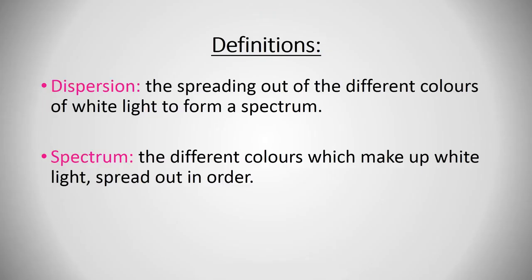So we have two important definitions we have to memorize. The first one is dispersion, the second is spectrum. What do we mean by dispersion? Dispersion is the spreading out of different colors of white light to form a spectrum. The spreading out is important to be in the definition.